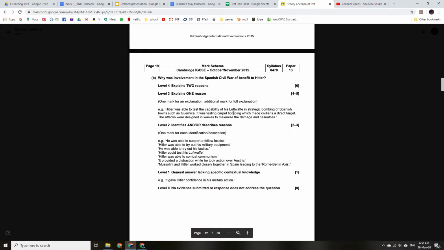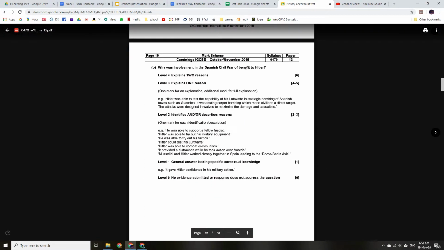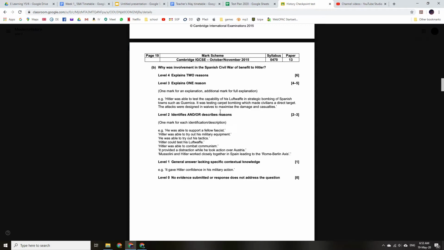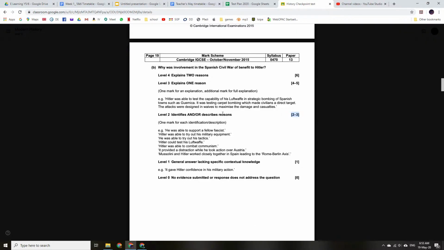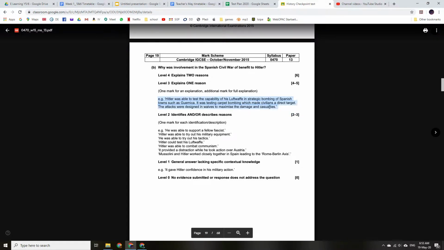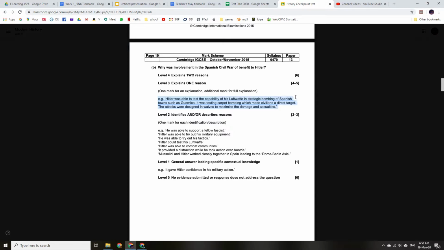B question. Why was the involvement of the Spanish Civil War beneficial to Hitler? Okay? If we look at the bottom, if you just list things, you get 2 to 3 points. If you give me 1 paragraph with lots of details, you can get between 4 to 5.